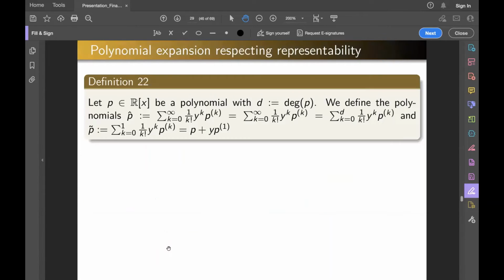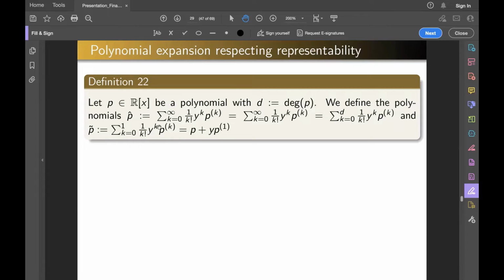So now we have to see why this operation, sending a polynomial to itself plus a new variable multiplied by the derivative, is nice in terms of determinants and determinantal representations.